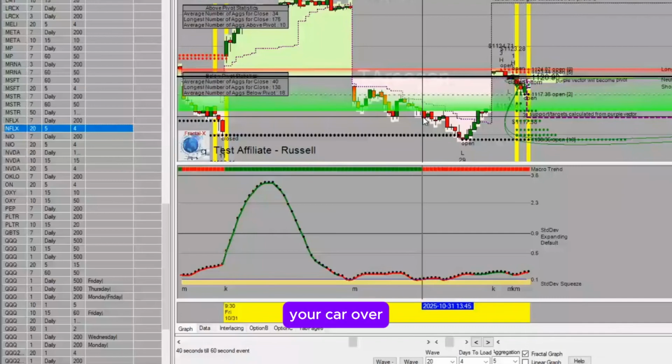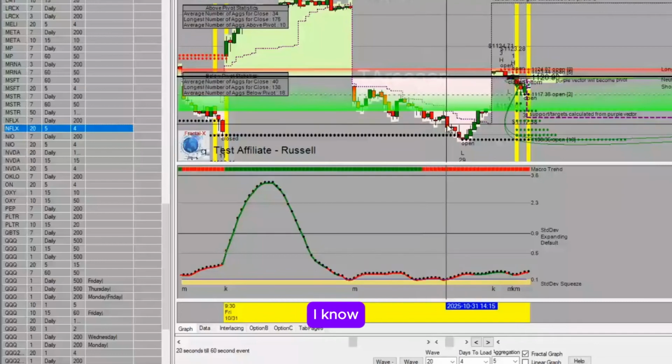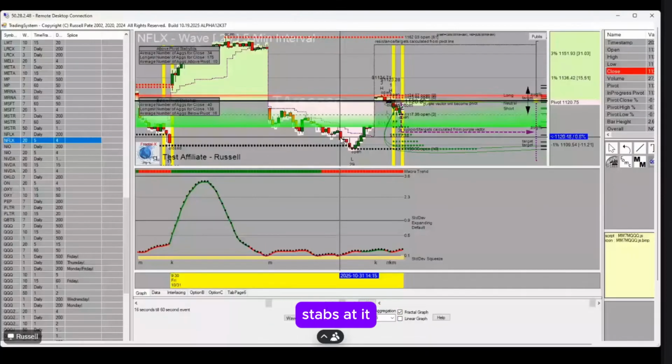You're driving your car over and you're buying new clothes and stuff, and you're not getting rewarded or paid for that. And you sit there and then it goes down more. So I'm going to buy more because I know it's going to go above the pivot line. And I know it's going to go bullish, go back long again. You're not rewarded again. So you keep taking stabs at it.